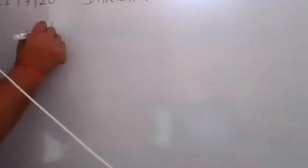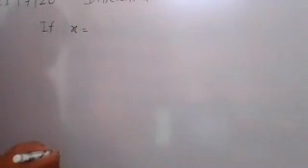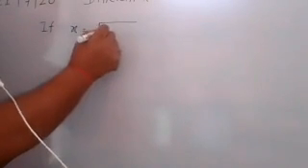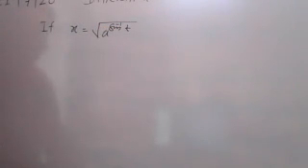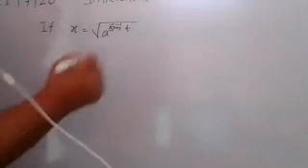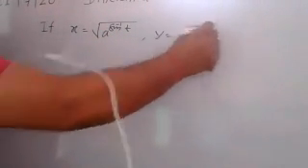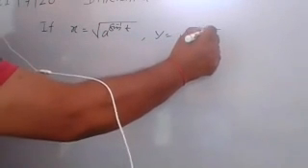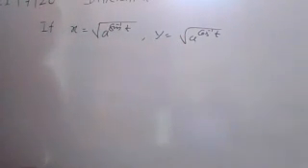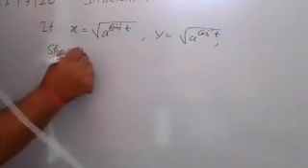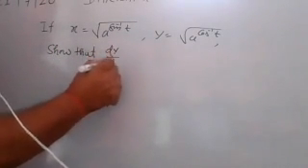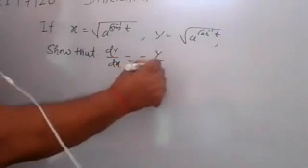So write it. If x is equal to under root a to the power sine inverse t, and y is equal to under root a to the power cos inverse t, then dy by dx is equal to minus y by x.